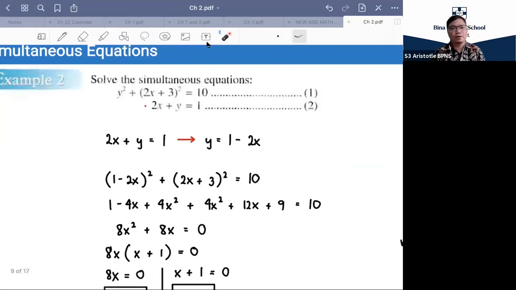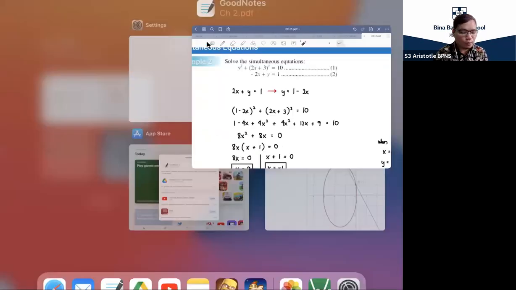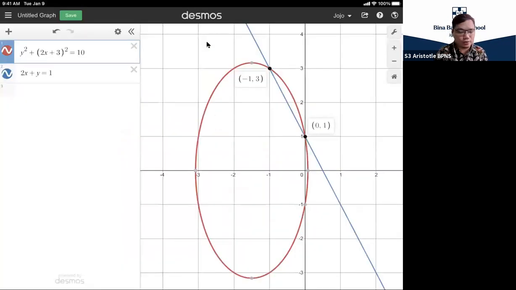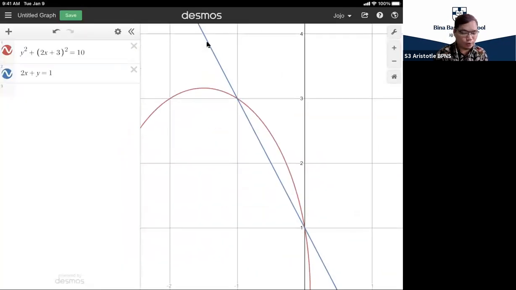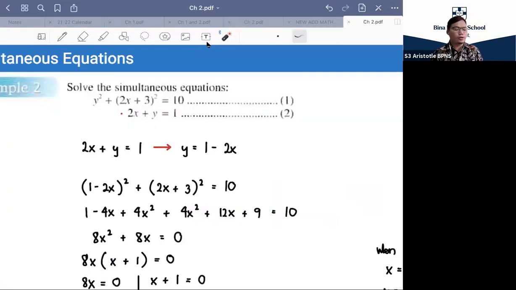How do we solve for those 2 points? Again, we need two points, not only one x and y. We have two x's and two y's here: (-1, 3) and (0, 1). How can we get those two sets of points?